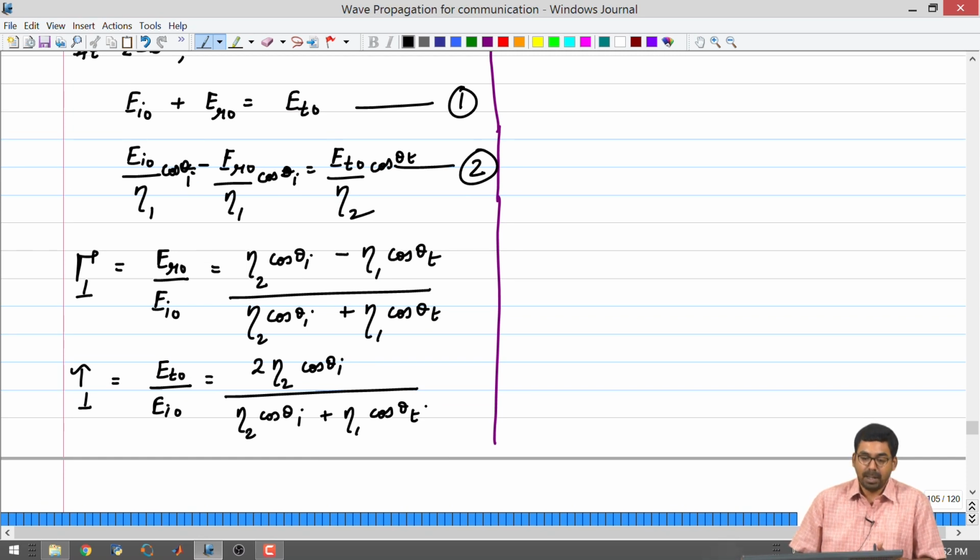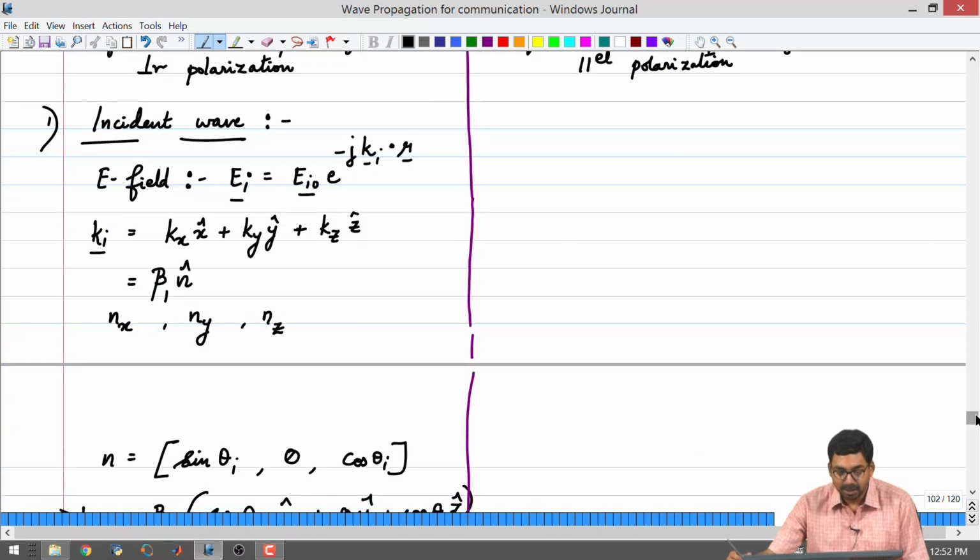Specifically, you should be able to tell the value of the transmitted and reflected electric field, given a configuration with incident electric field. We can always go back and start filling the right hand side for each of these, and we will do it in the next class, and then we will start comparing the left and right hand sides.